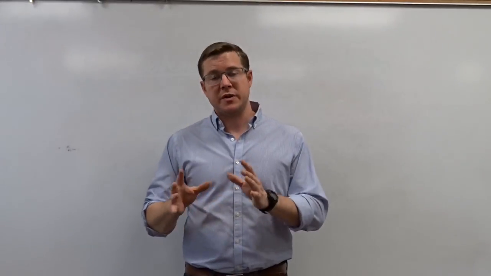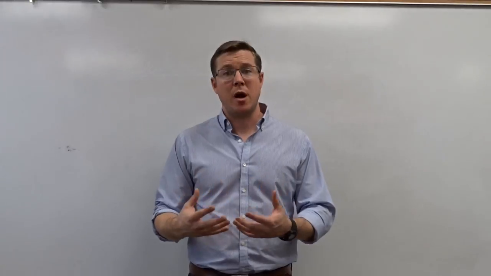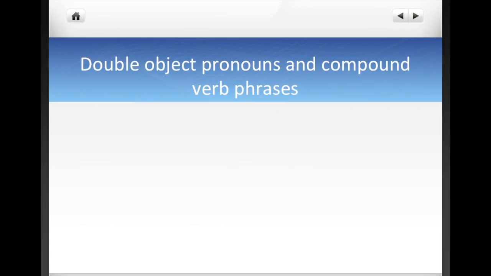Follow along with me now with this PowerPoint as I explain how to use double object pronouns with compound verb phrases. In Spanish, we can have double object pronouns and compound verb phrases. Let's take a look. You want to make sure you follow this grouping.